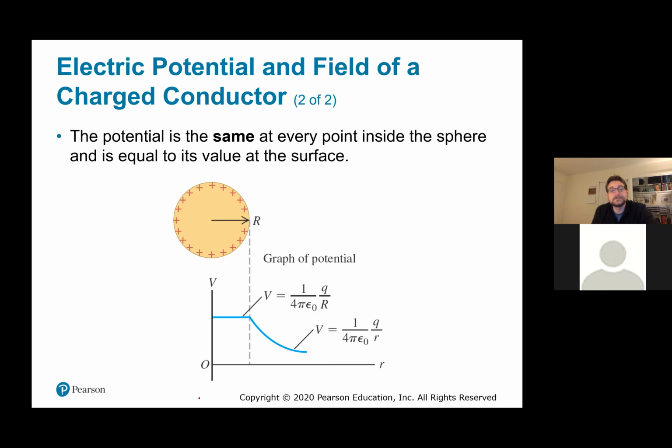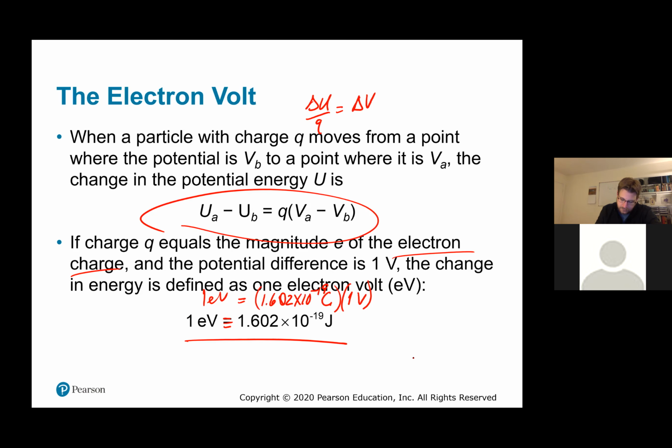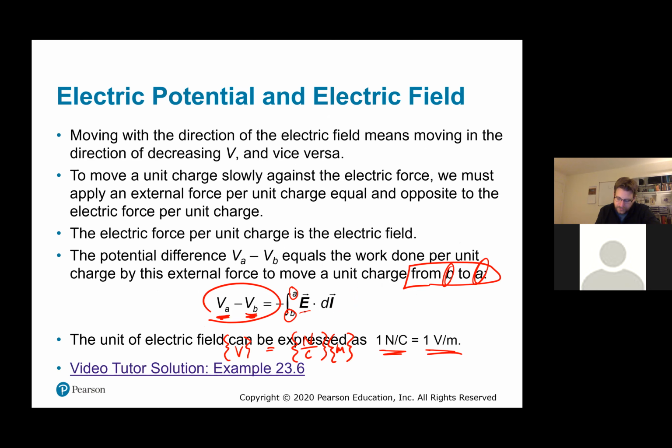Electric potential. In order for the field to be 0 everywhere inside, we're going to integrate 0. That's going to get us 0. So the difference, VA minus VB, the electric potential difference between any 2 points inside the conductor has to be 0. It's all at the same voltage.